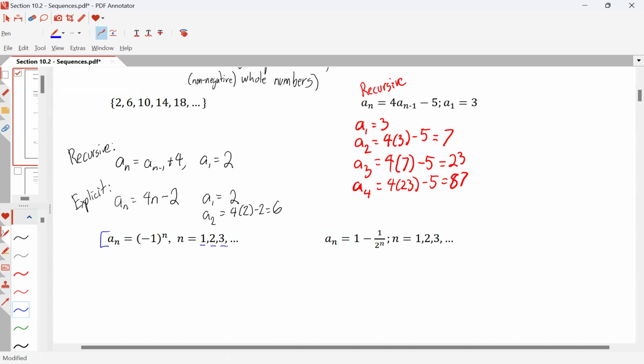There's my inputs. We often end up dropping those unless we need to say we're starting at a certain value, but these are just saying my n's are going to be these positive numbers.